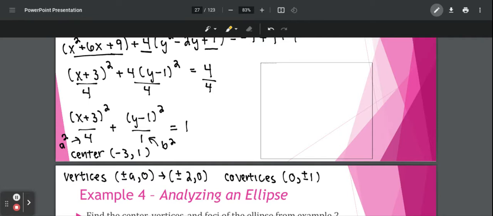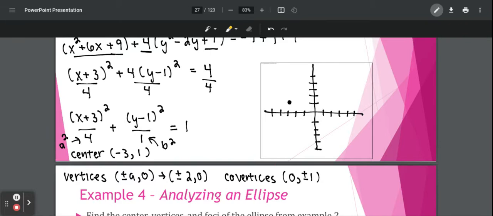And so if we were to graph this, so if we were to draw our axes in here, we need the center at negative 3, 1. So there's the center.